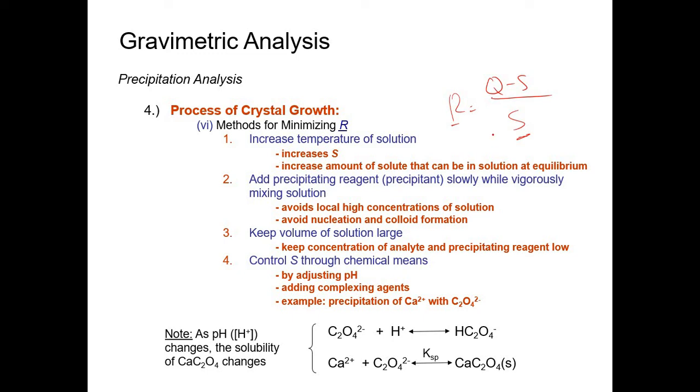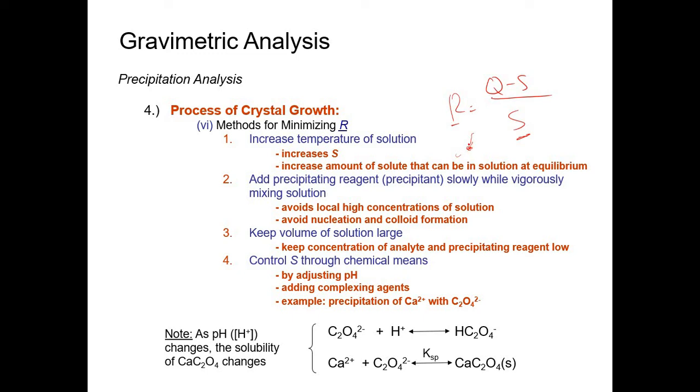Second, we could add precipitating agents slowly while vigorously mixing the solution. The effect of this, class, is that if you add the precipitating reagent slowly, you avoid local high concentrations of solution. Because you're vigorously stirring and slowly adding the reagent, the reagent will most likely attach to the ion it should attach to.